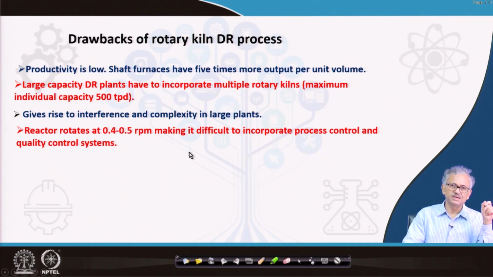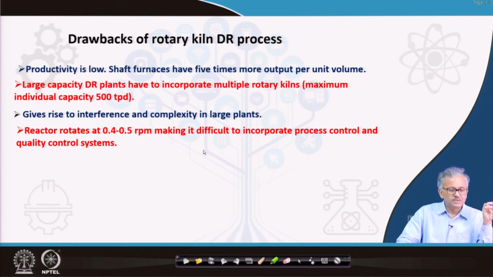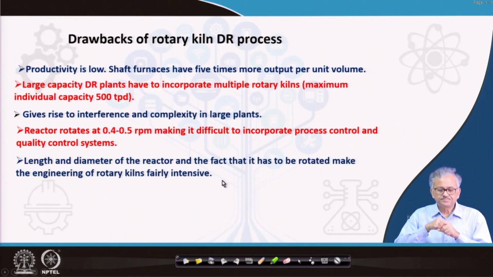It gives rise to interference and complexity in large plants. The reactor rotates at 0.4 to 0.5 RPM, making it difficult to incorporate process control and quality control systems. If you want to measure the temperature, or put in a thermocouple, it's difficult because it is rotating.